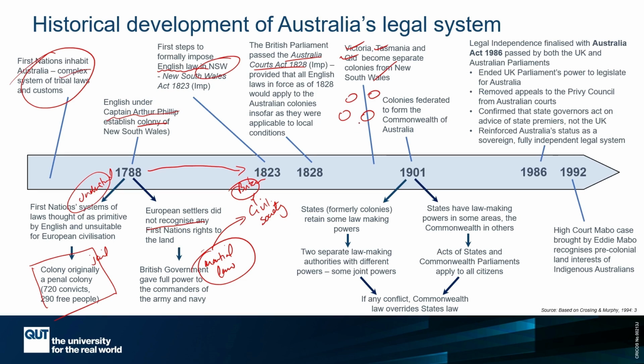And in the late 1800s, there becomes this movement for these colonies, these areas of partial self-government, to come together for their common benefit. And that's what happens in 1901. These colonies federate to form the Commonwealth.